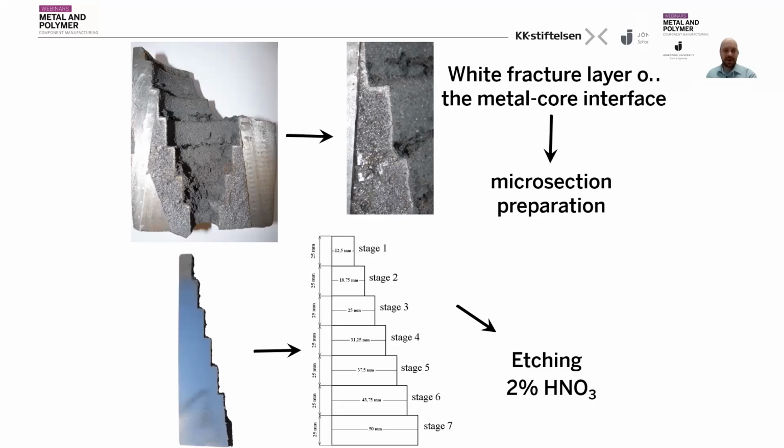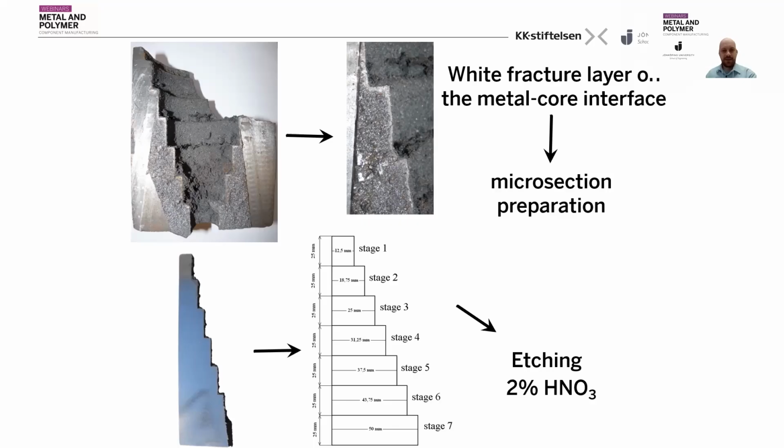It was quite a challenge to make this kind of microsection in this size, but we managed to do it. And as I said, stage 7 from the bottom is the thickest when it comes to casting, and if we go up to stage 1, there we have the thin casting wall compared to others.